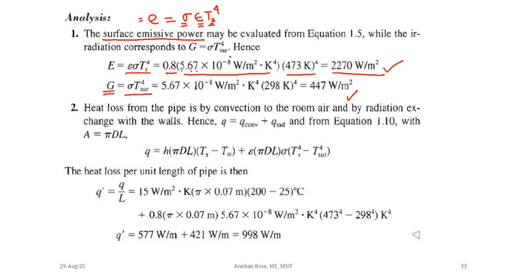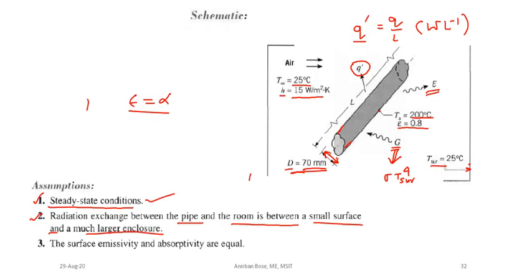Now coming to the second part of the question, where you have to find out the heat loss from the pipe. Heat loss from the pipe is taking place in two ways. One is by convection, heat is transferred, right? One is Q convection and another one is by radiation.